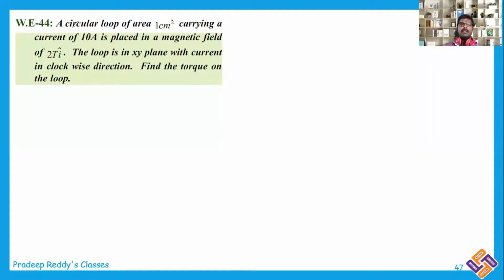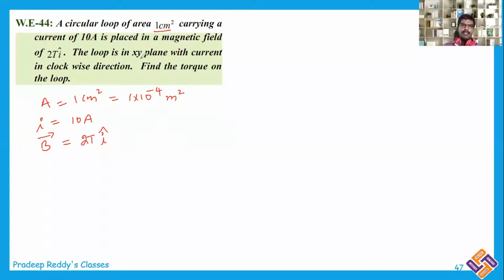Yes, look here. A circular loop of area 1 centimeter square, which is 1 into 10 power minus 4 meter square, carrying a current of I equal to 10 ampere, is placed in a magnetic field B vector, which is equal to 2 Tesla i cap. The magnetic field is in the direction i, that means along the positive x-axis.